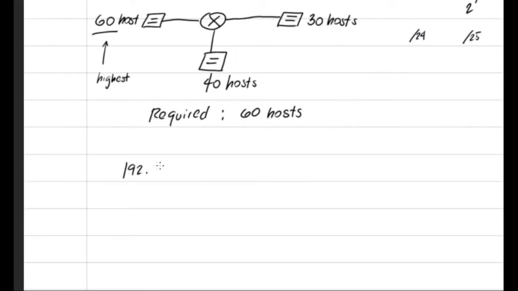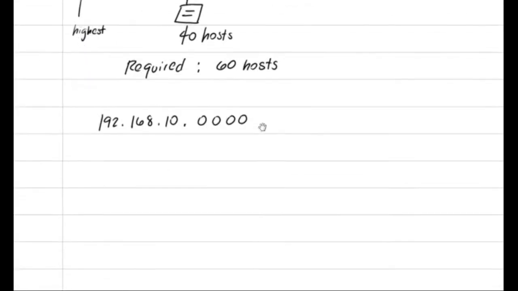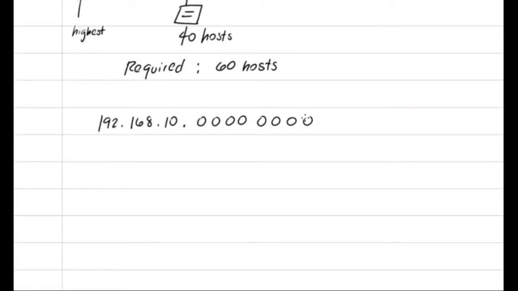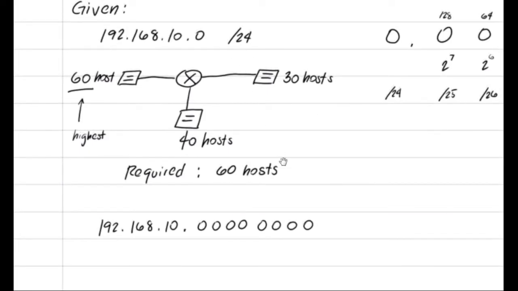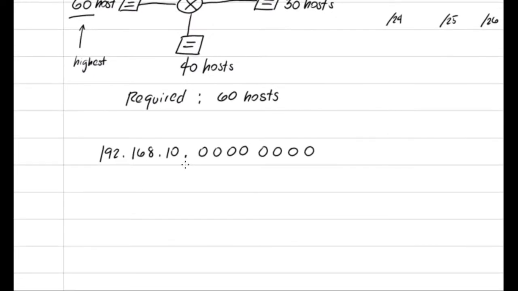So now we will write down again our given 192.168.10. Then we will write down again the 8 zeros based on our given and our table created. So this is /24. So we will write down a line here on the dot.